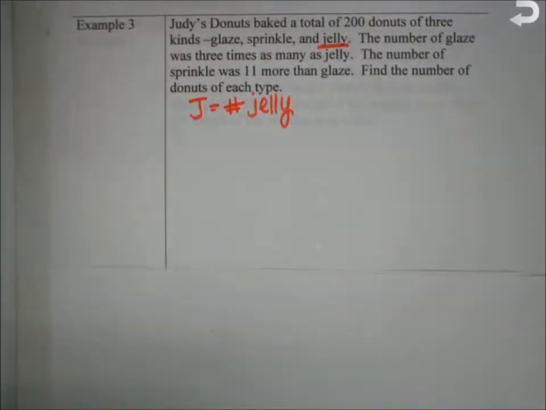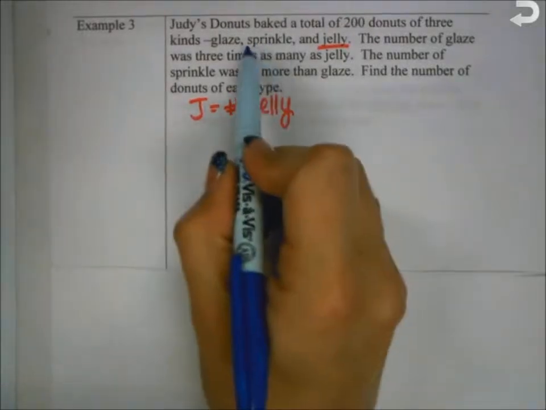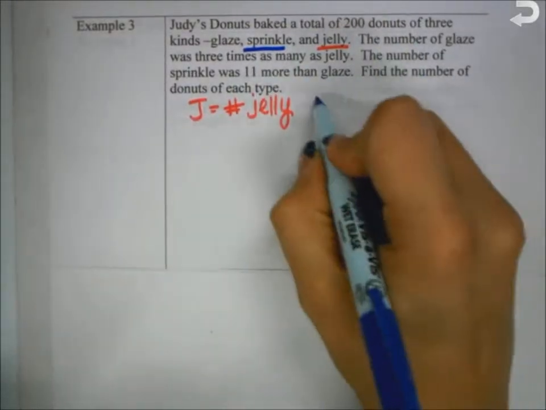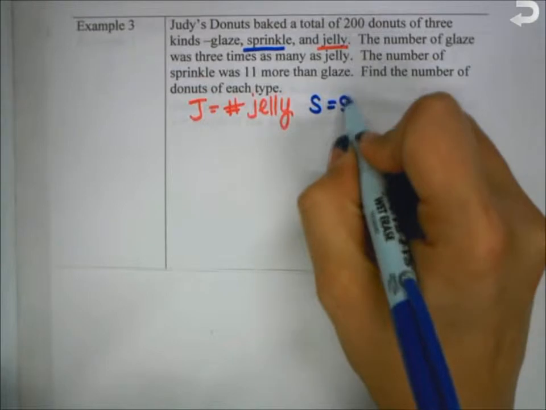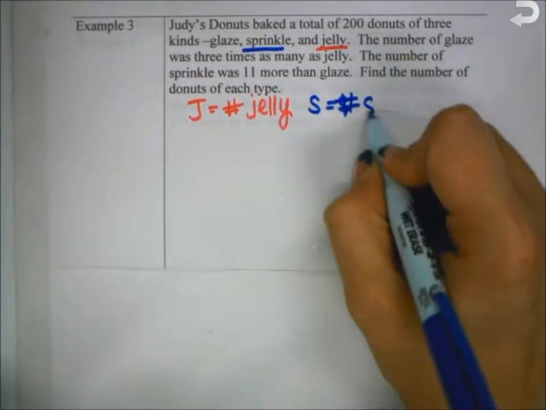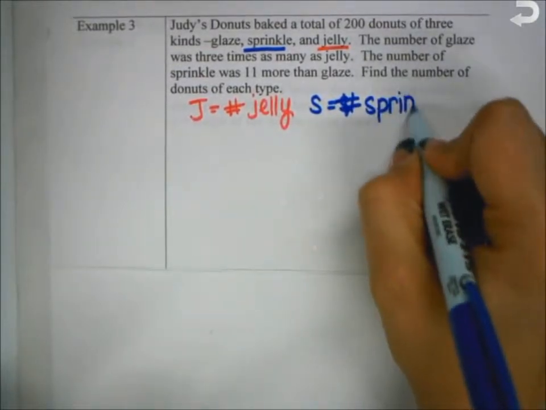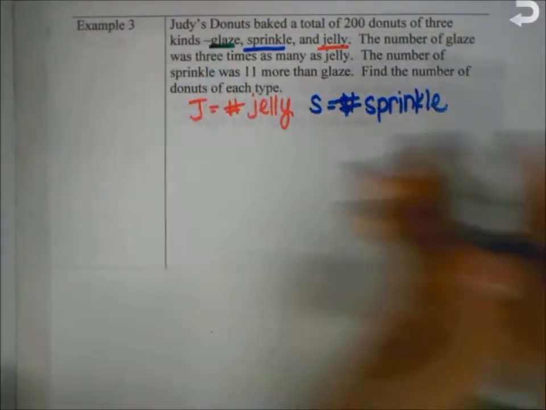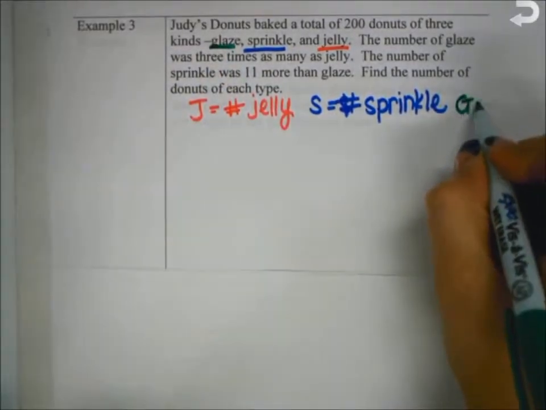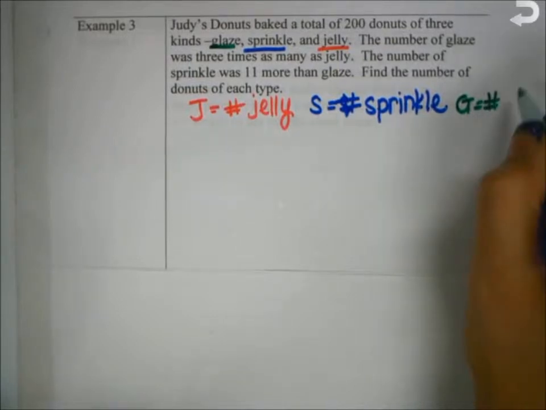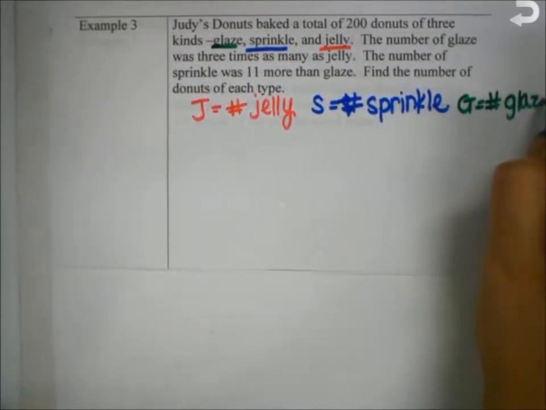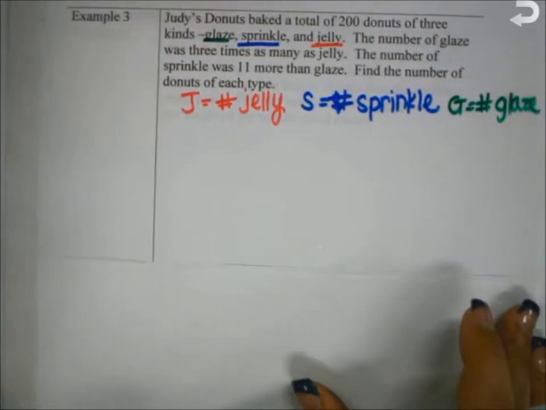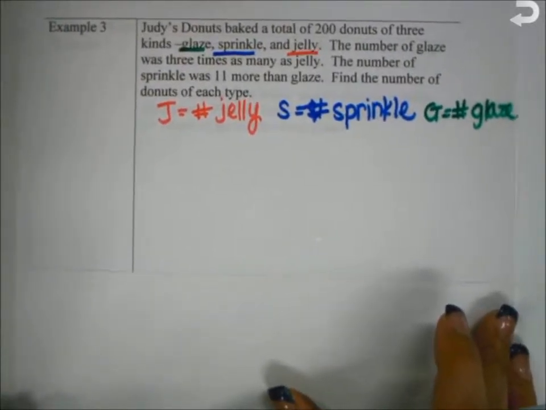I'm going to let S equal the number of sprinkle, and G equal the number of glaze. Okay? So far so good? All we did was identify variables.